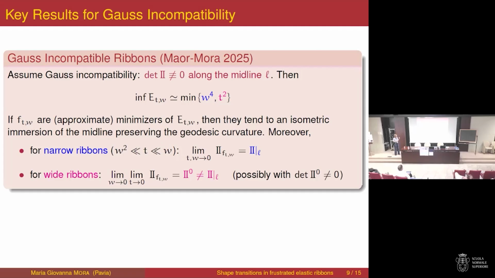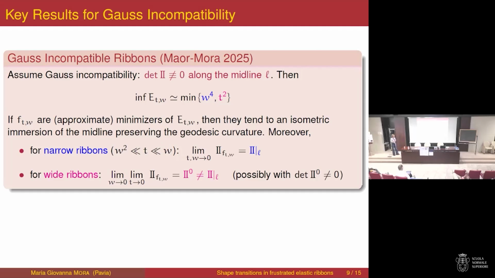So when we assume Gauss incompatibility, this means that we are assuming the target curvature to have determinant not identically 0 along the midline. Under this assumption, we can show that the minimal energy, so this is the three-dimensional energy that I introduced in the previous slide, always scales as the minimum between w to the power 4 and t squared. So there is some transition when t is of order w squared, as we saw in the example.